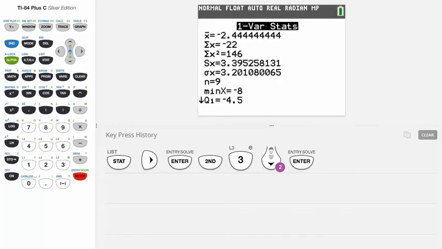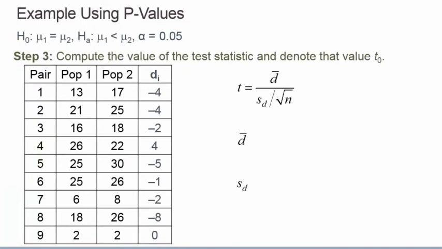And my mean is -2.44, and my sample standard deviation is 3.395258. Using 3 decimal places, d bar equals -2.444, s sub d equals 3.395.